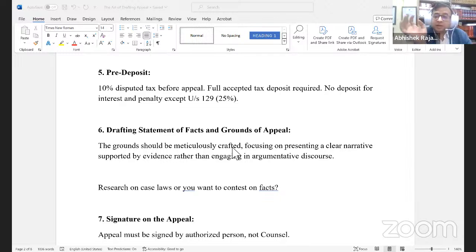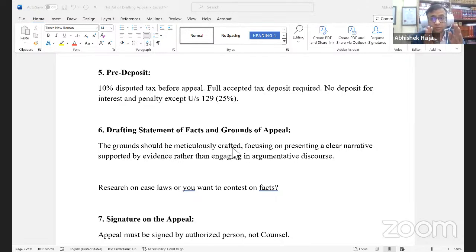The reason could be that you are not happy because you have a case law in your favor and the department has not accepted it.